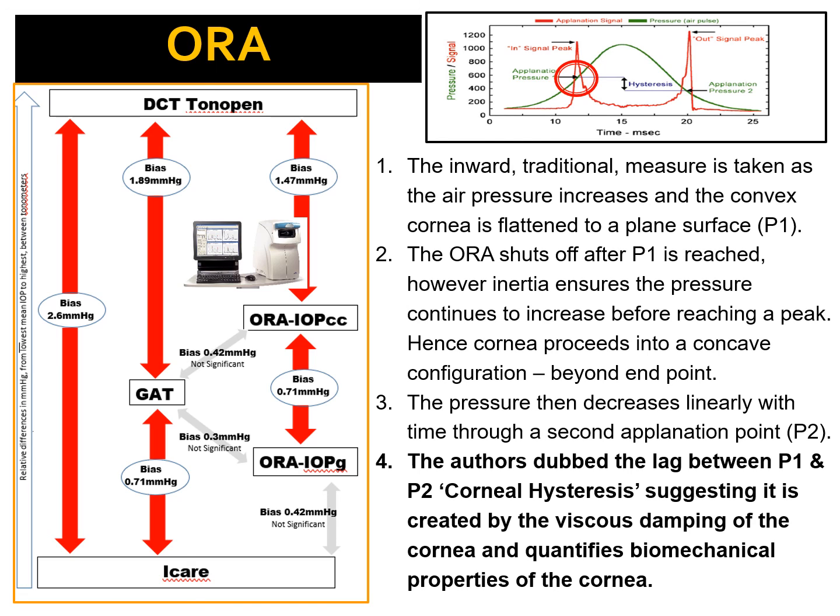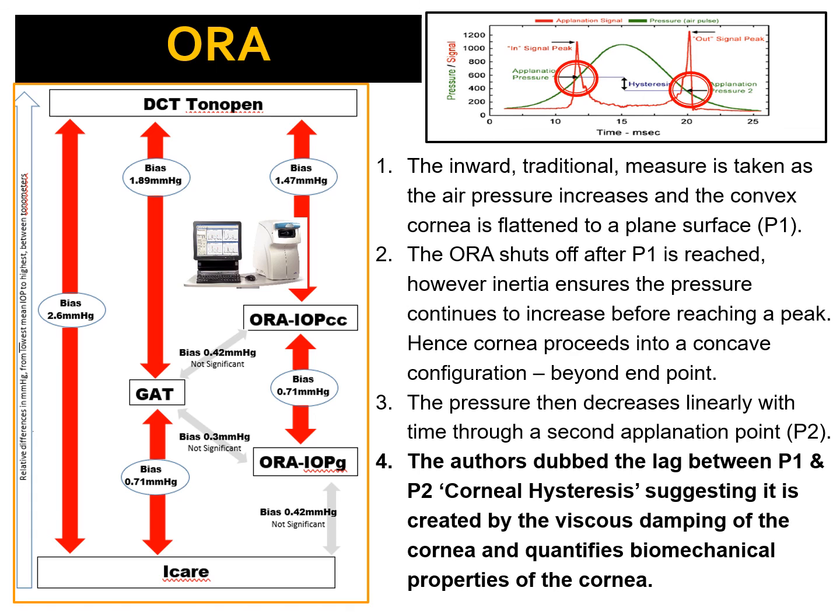So the forces within the cornea and the IOP, then obviously when the pressure is finally released and it's shut off, the cornea then starts to revert and it goes back through a plane surface back to a convex surface. And when it hits its second plane point, again, it's no different to the machine. It knows it's a plane surface, so the polarized light gets caught again, and it takes a second reading.